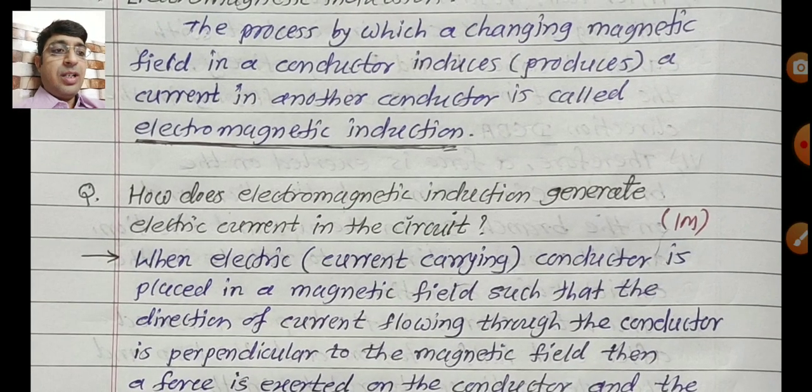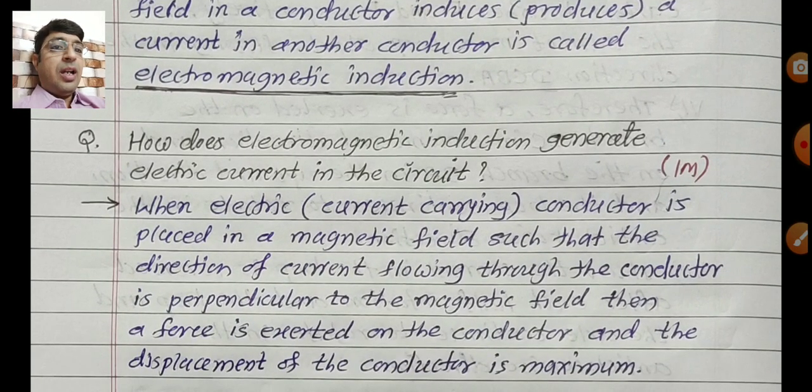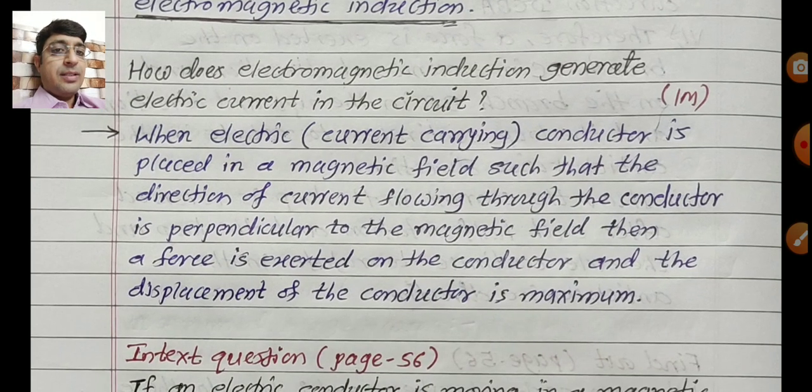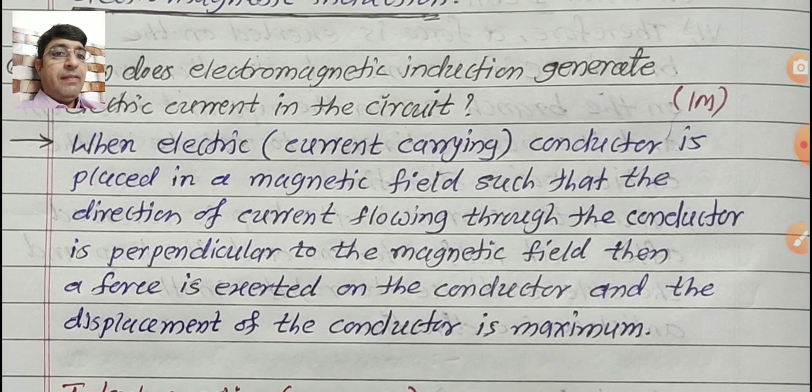What is the second question asked related to this point? How does electromagnetic induction generate electric current in the circuit? So, answer. When an electric conductor, electric means current carrying, current is carried through metals only, so you remember this point.